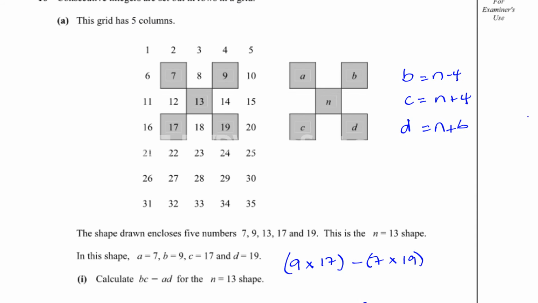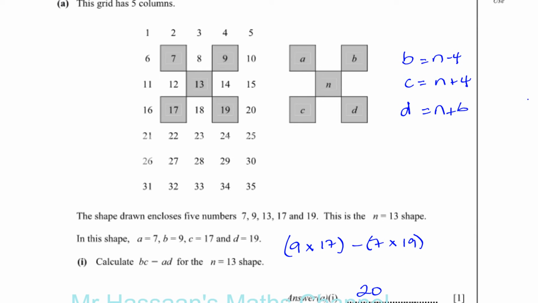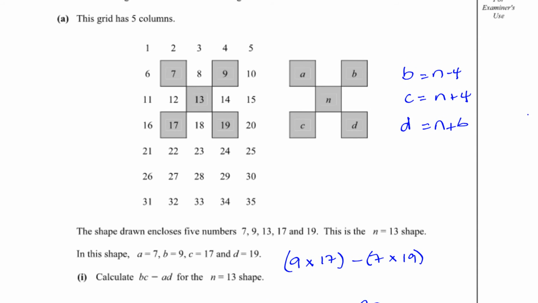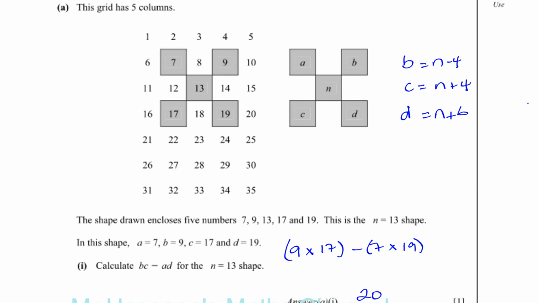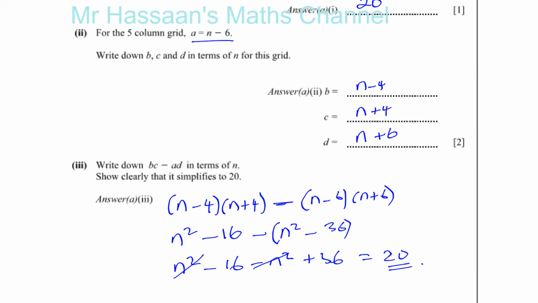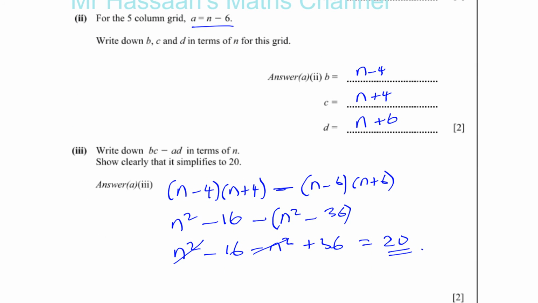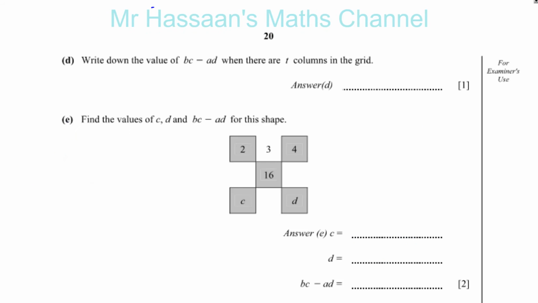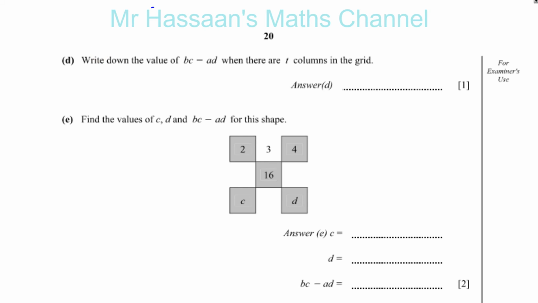So we had the number of columns as 5, and BC minus AD was 20. Let's go back and see. When there were 6 columns, BC minus AD is 24. And we also worked out for 7 columns, it was 28.